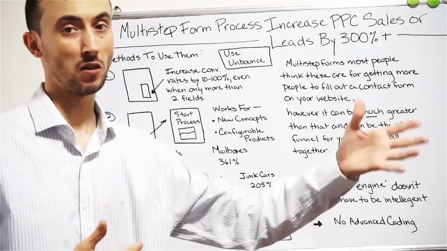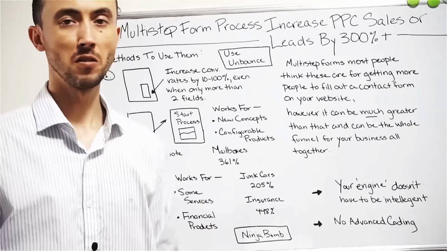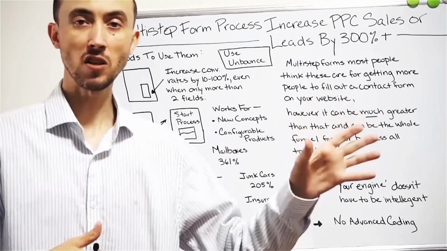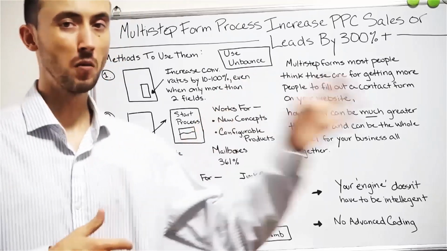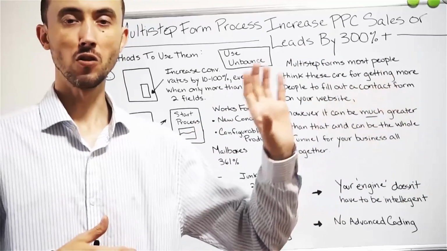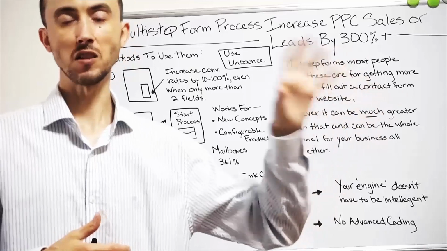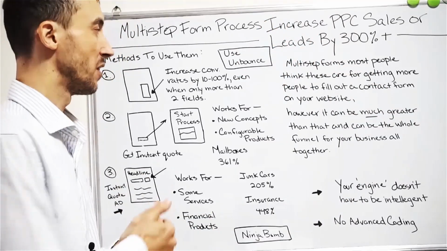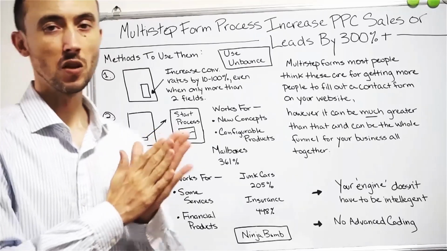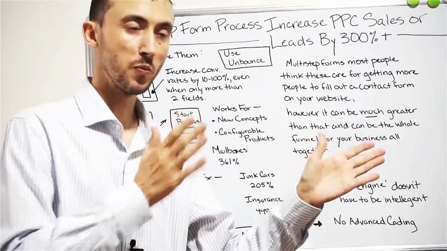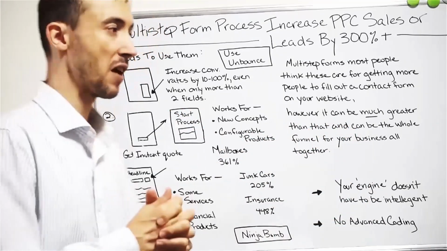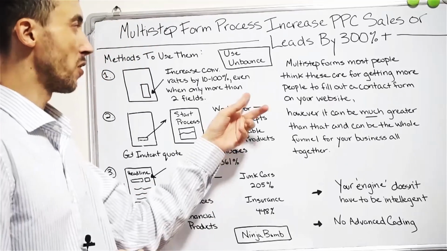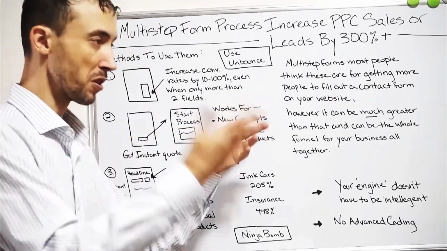Some people will just want to call. Some people will just want to fill out your multi-step form that asks them a question right off the bat, whether you're giving them a quote over the phone or showing them what the product customized their way is going to ultimately be priced at. Some people go one way, some people go another. On your form, you can use a multi-step form to increase your conversion rates.